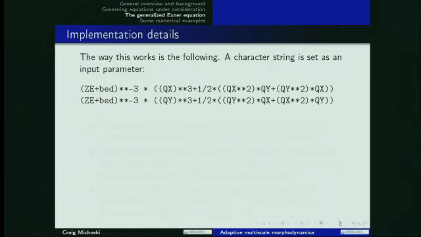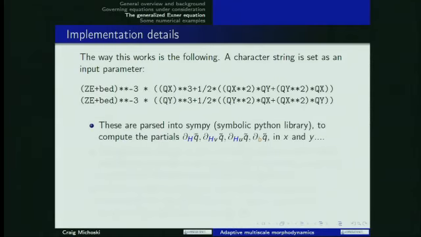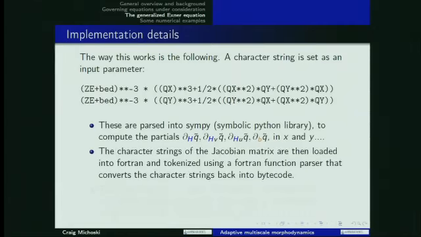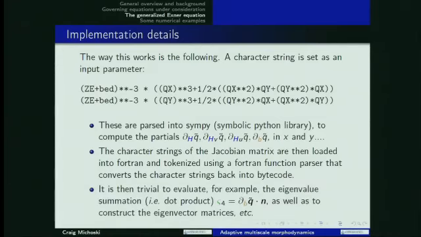Let me just say, I put this slide in here for David. This is a poor man's version of automatic differentiation. We only have to do this once, so we don't have to worry about any optimization issues. We just throw in a character string, whatever the form of the sediment discharge equation is, and then we do the symbolic differentiation.